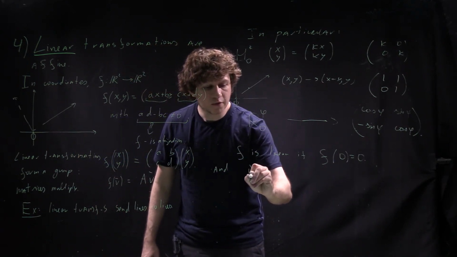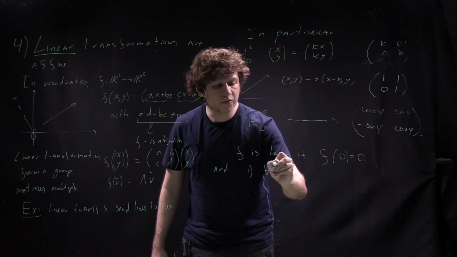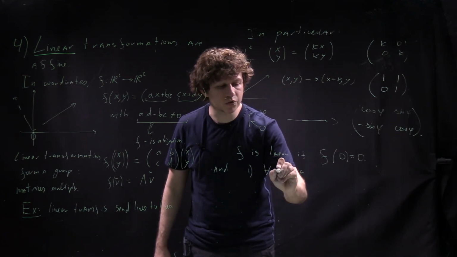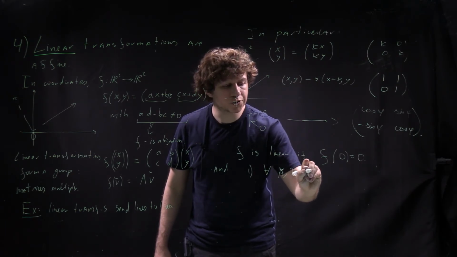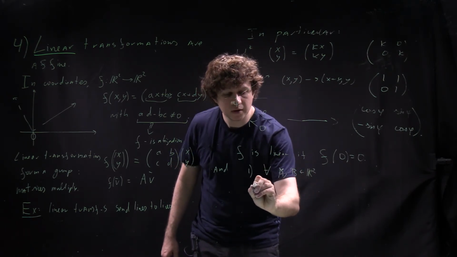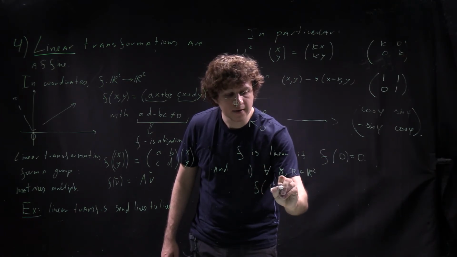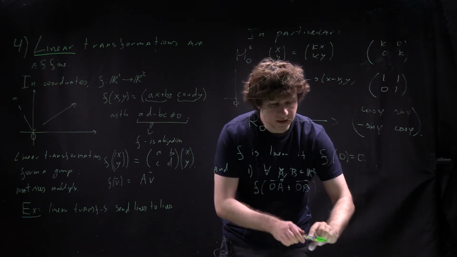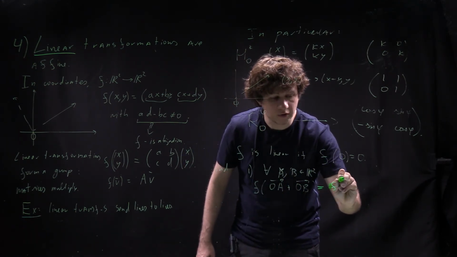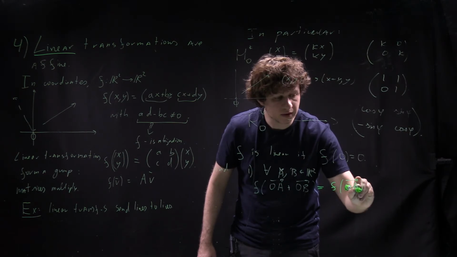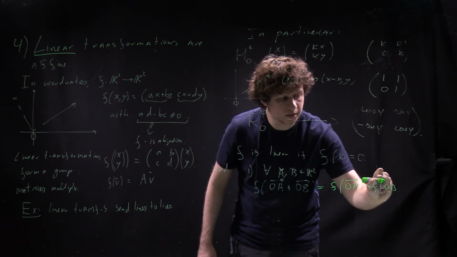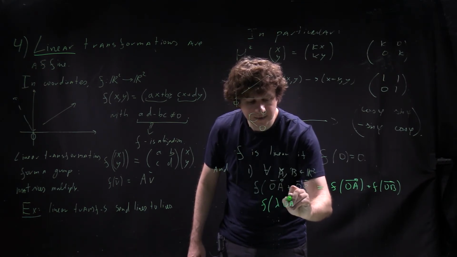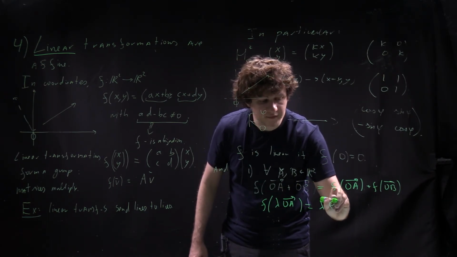First, for any two points a, b in R2, you say that f of the vector OA plus OB is the sum of vectors f of OA plus f of OB, and f of lambda OA equals lambda f of OA.